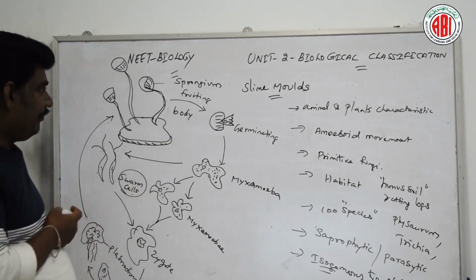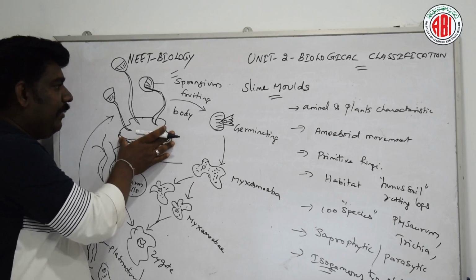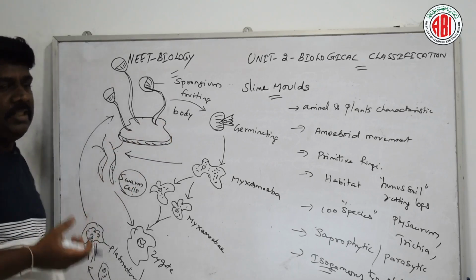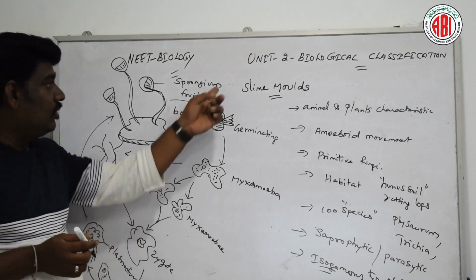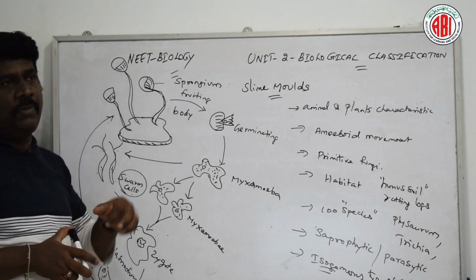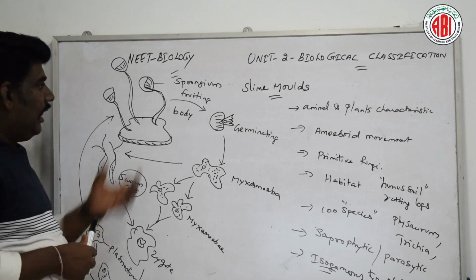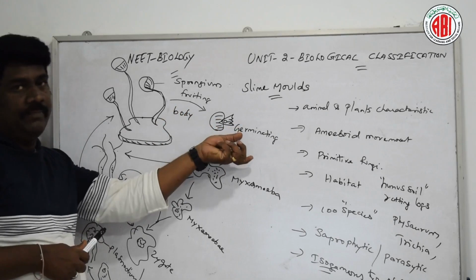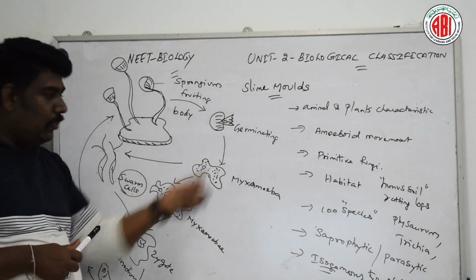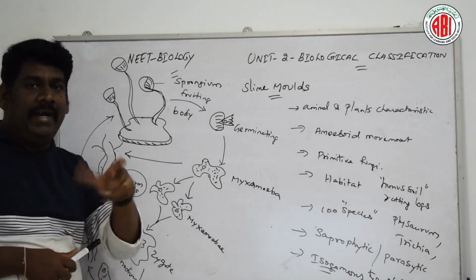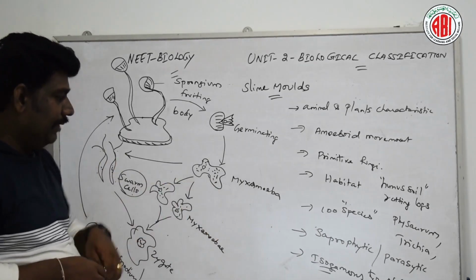Say, for example, this is the fruiting body of the organism, and it bears a specialized structure called the sporangium. So the sporangium helps in the production of spores, and these spores germinate and develop into an amoeboid like structure called the myxamoeba.